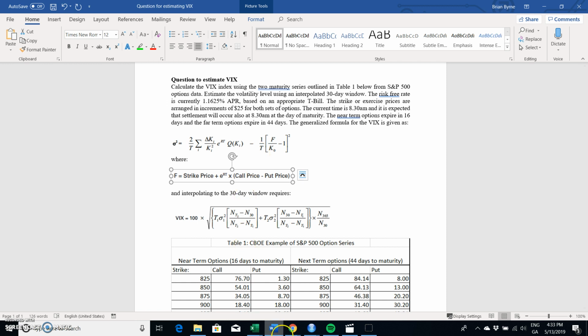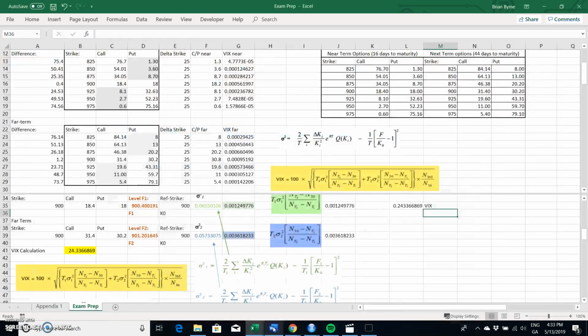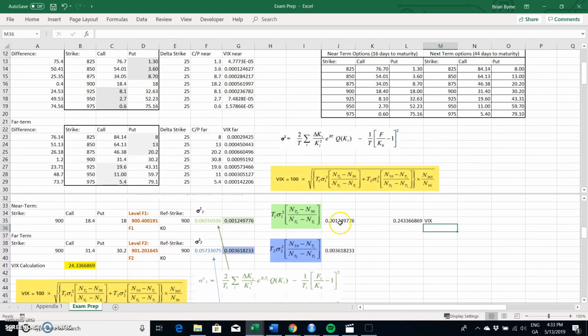window. Okay, so going back to our Excel, we estimate sigma squared subscript 1, sigma squared subscript 2. We apply the weightings that are appropriate for the VIX formula.